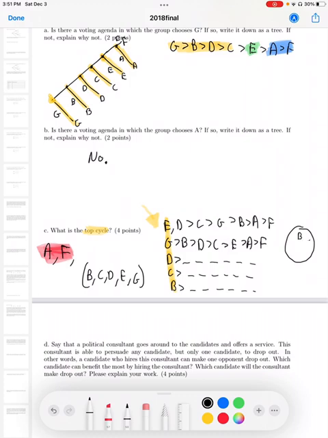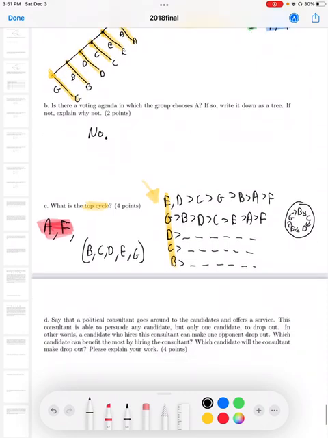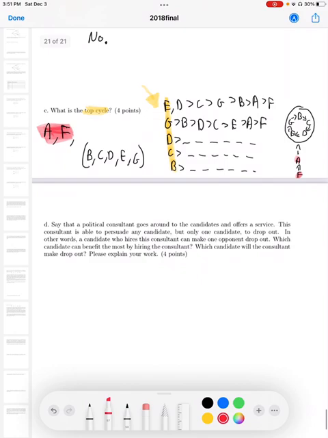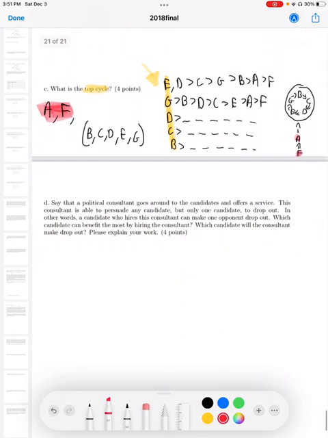We have B, C, D, E, and G with some arrows. All of these just go in a circle. They keep on dominating each other. And down here we have A and F. F is last because F does not dominate anything. However, A does dominate F. So that's the top cycle.